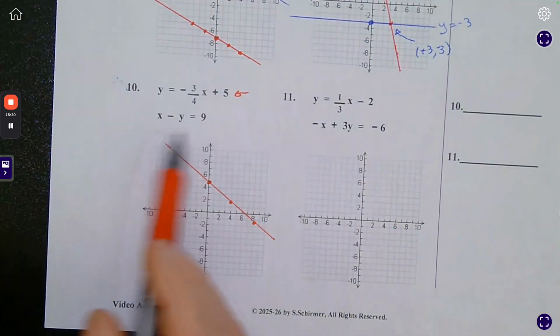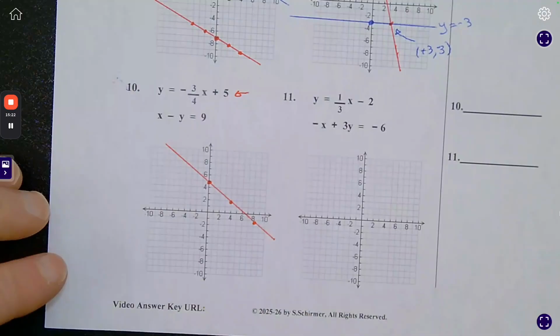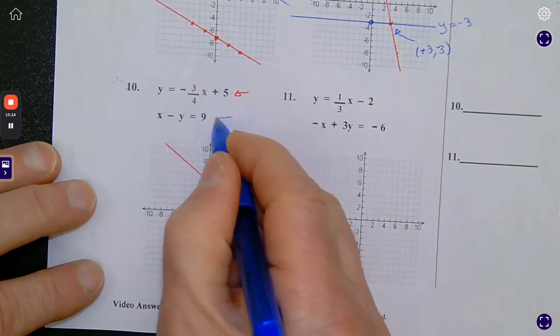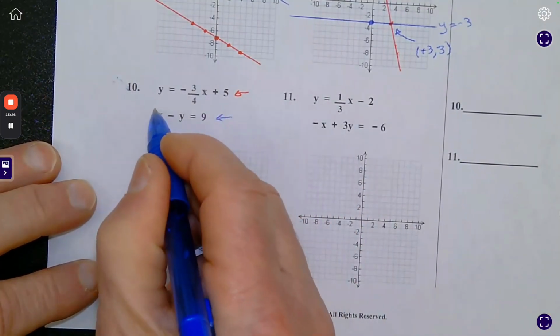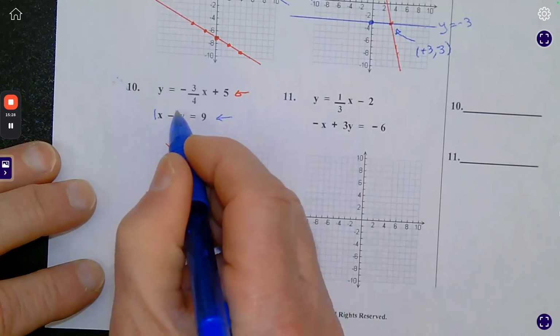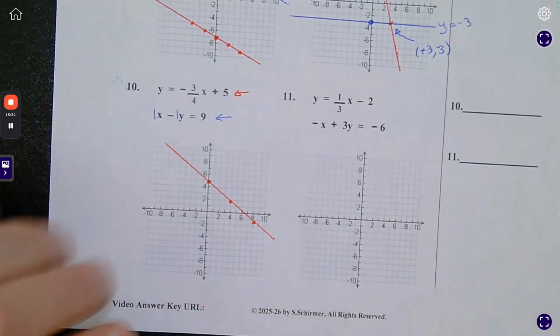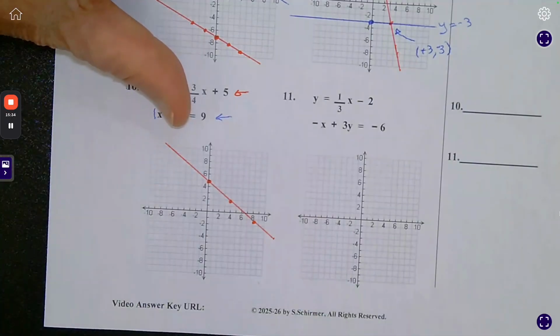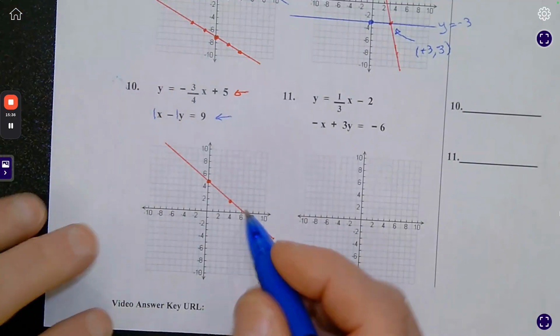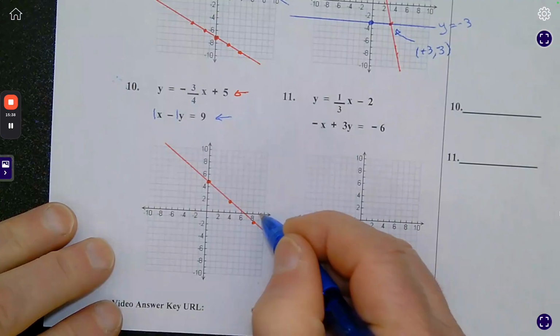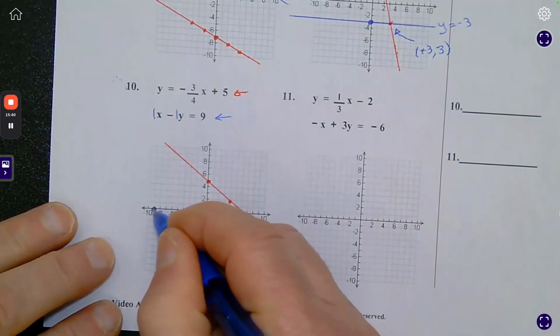Okay, now this is standard form. So I have to find my x and y intercept. The number in front of x is a 1. The number in front of y is a -1. So to find the x-intercept, divide -9 by 1, you get -9. So that's my x-intercept, -9.